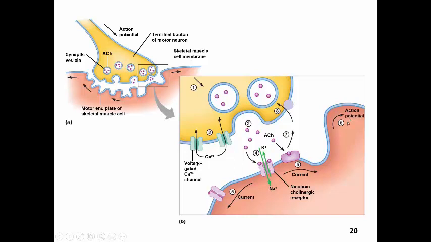And that's what we see here illustrated in number 6. The action potential will continue to travel, and after this event, we no longer need a neurotransmitter for this current and this action potential to travel.